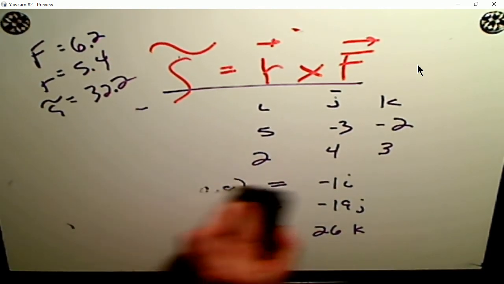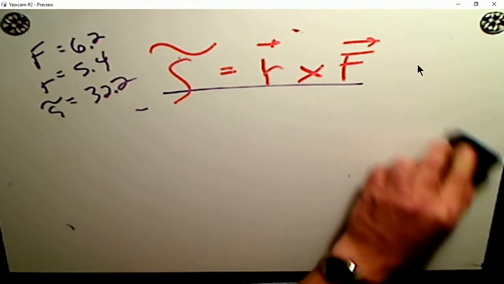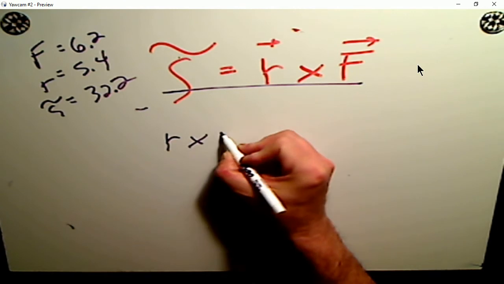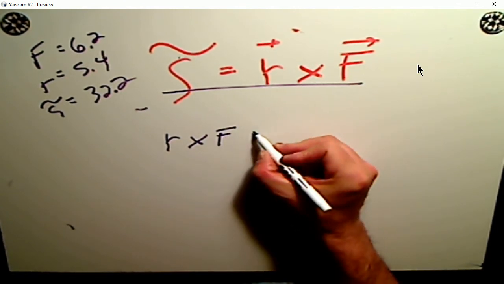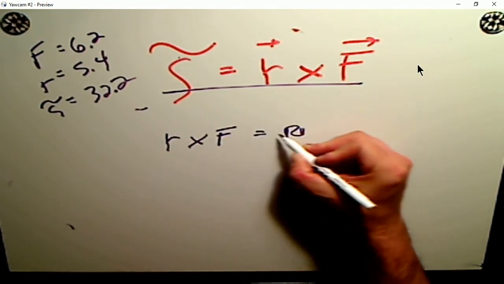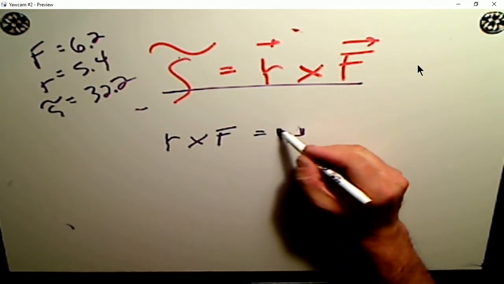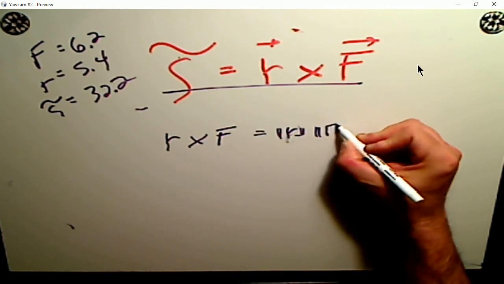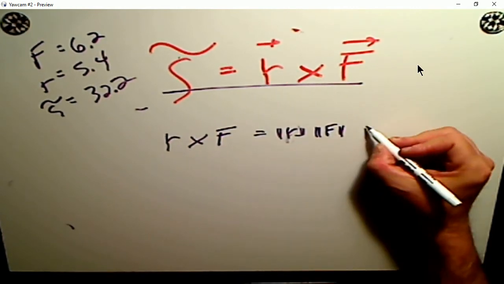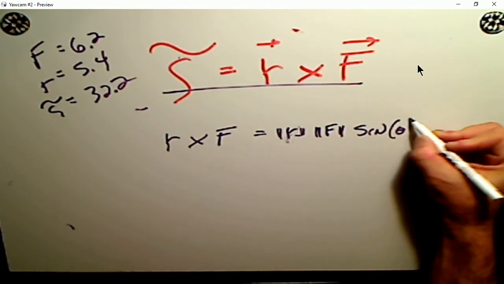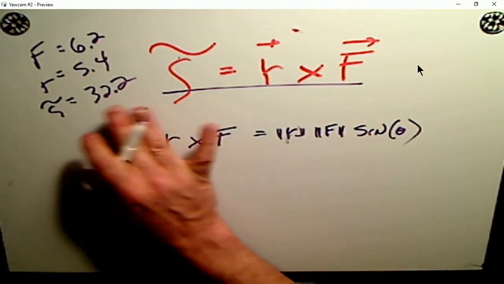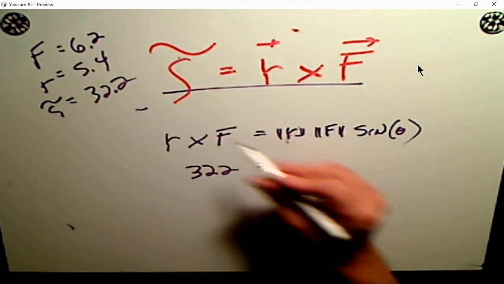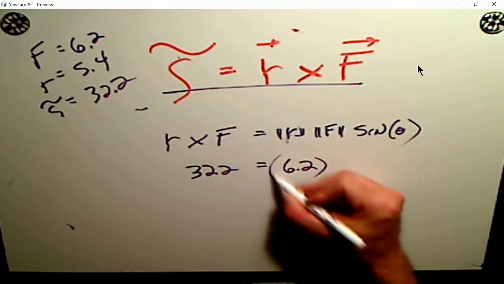So on to board number 3 of this exercise. Remember I wrote that down: R cross product F is equal to R magnitude, force, times sine of the angle. So I know what the torque is. I know what each of those are. Remember we did those calculations.